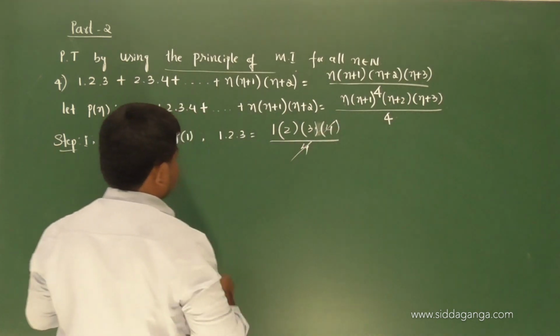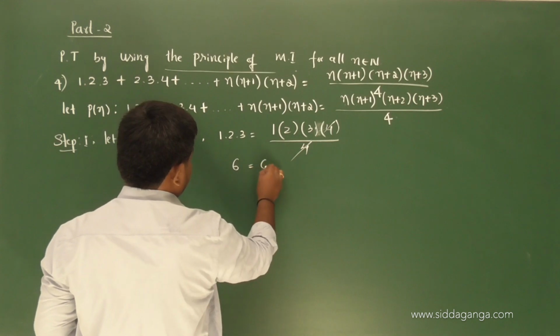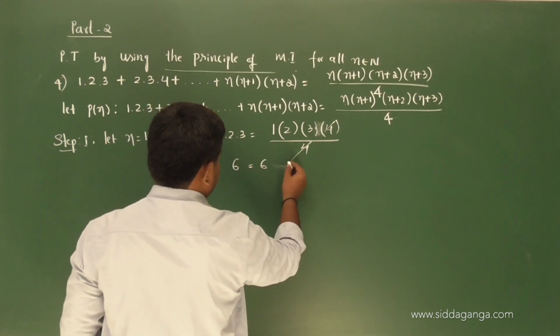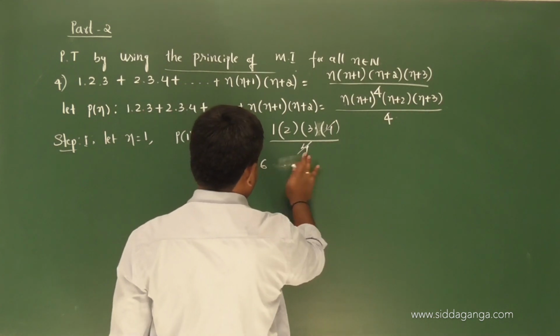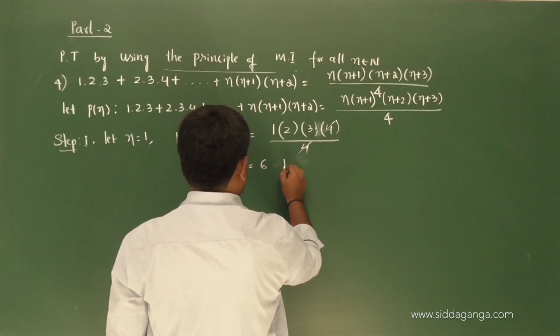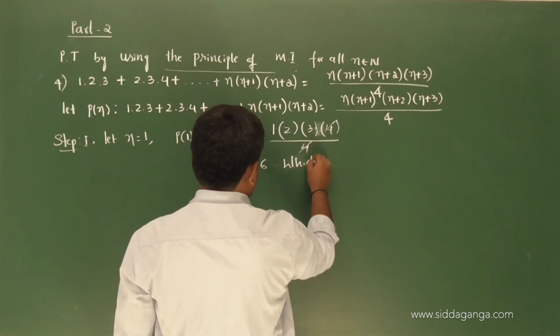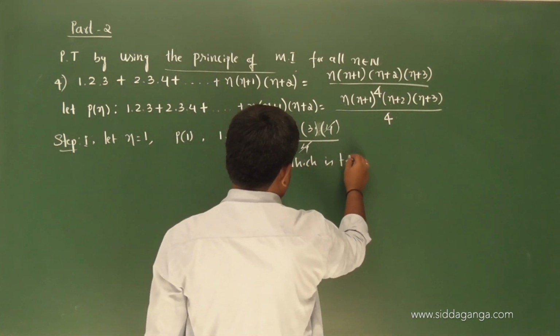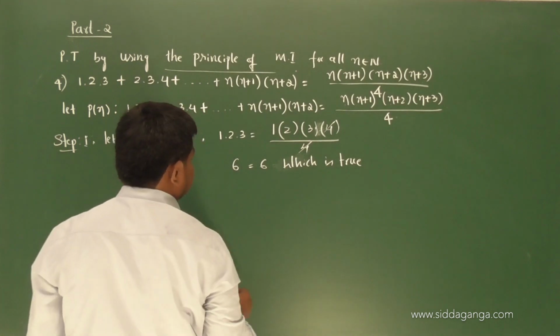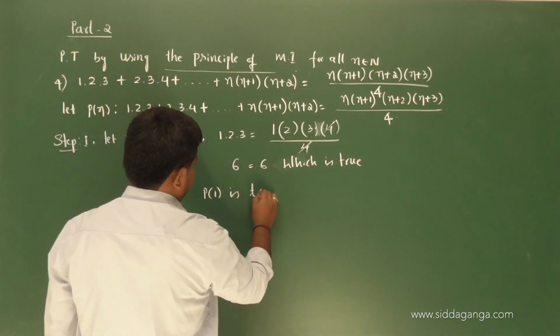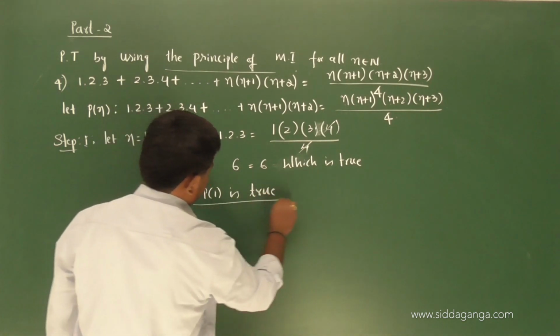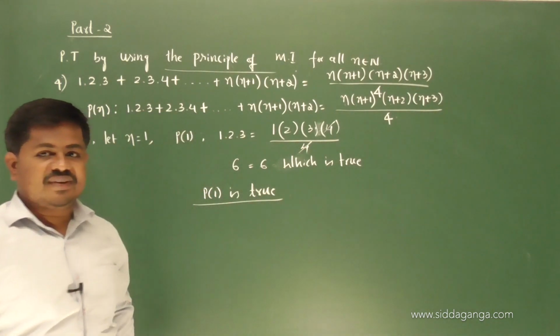The 4 gets cancelled, so 2 into 3 is 6, that is equal to 6, which is true. Hence P of 1 is true. That is the first step you have to do.